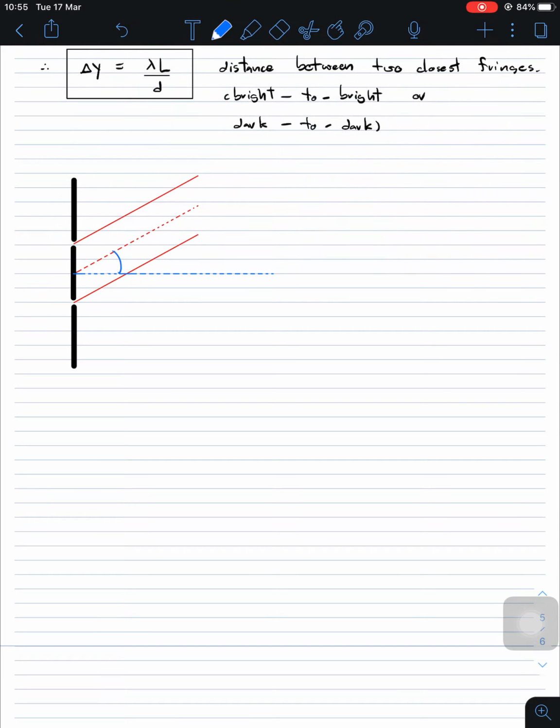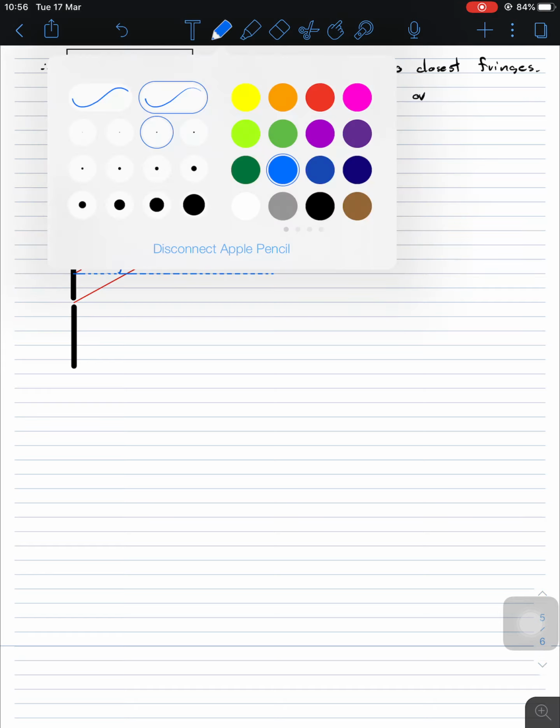It means that if this angle is theta m, these two make the angle to the horizontal axis theta m as well. So now we just want to find the phase difference between these two light rays. How? Let me draw one line.